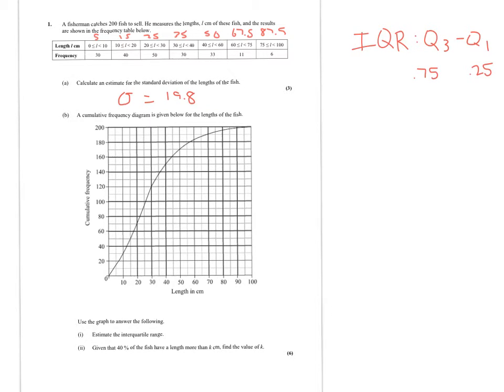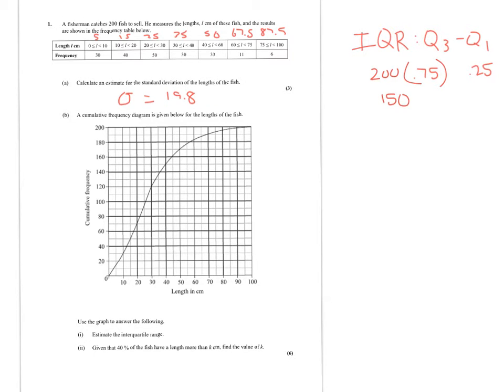We want to find the length of the fish at the 75th percentile. We can see that the highest value of this graph is at 200, so we're going to multiply 200 times 0.75. That gives us that we're trying to find the 150th fish.